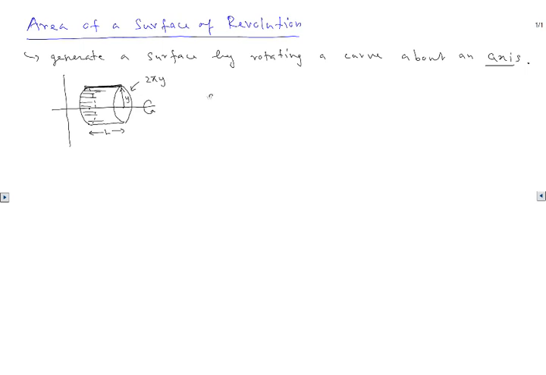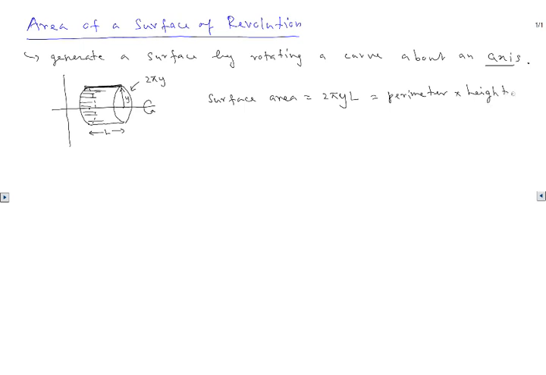So then the surface area is simply going to be 2 pi y multiplied by the height. So 2 pi y is the perimeter and then multiply by the height. That's going to give the surface area. So it is the perimeter times the height.